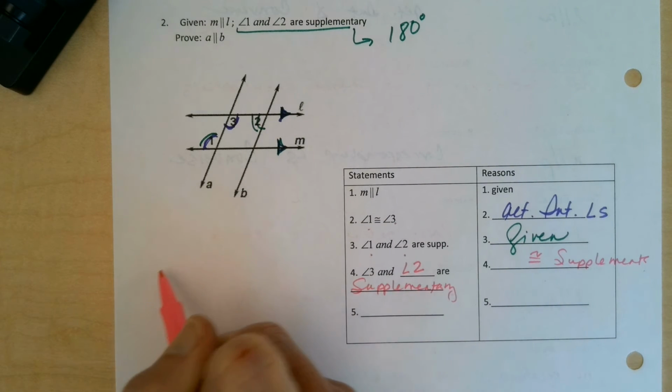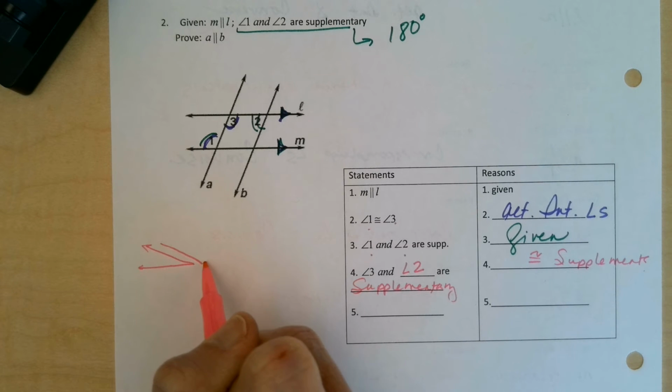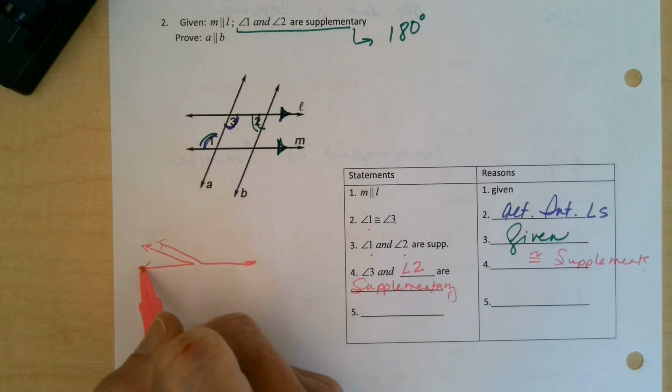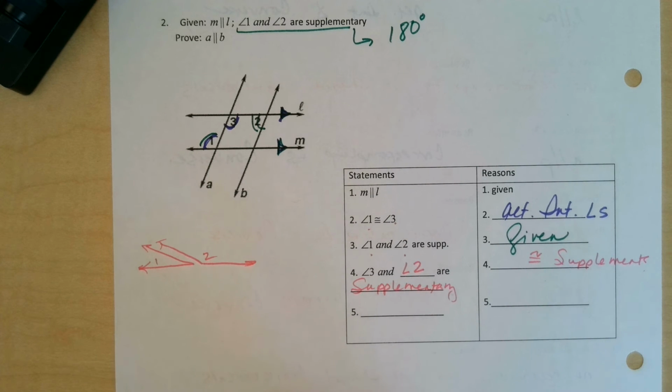And here's how that one goes. If I have two angles that are supplementary, I have angle 1 and angle 2 supplementary.